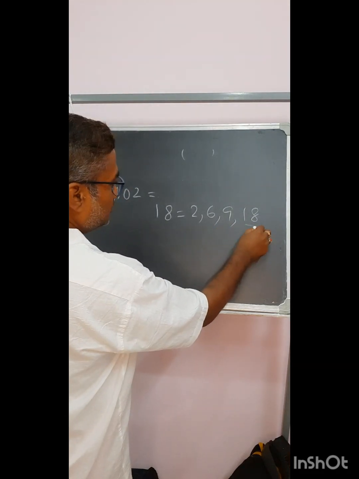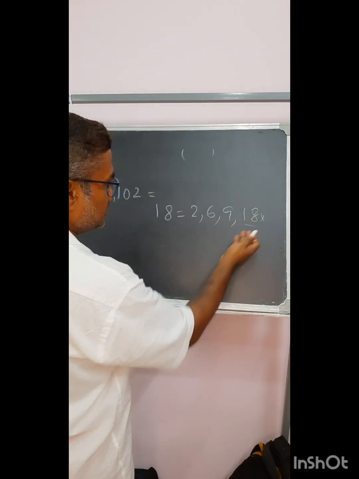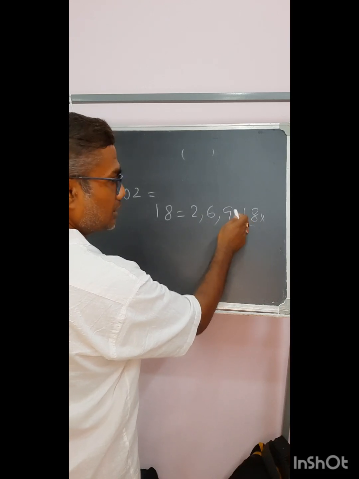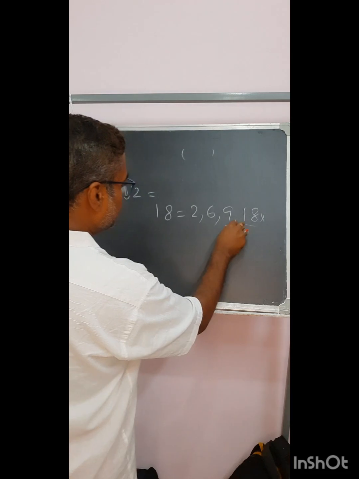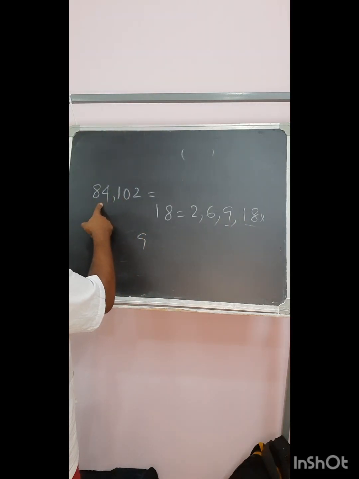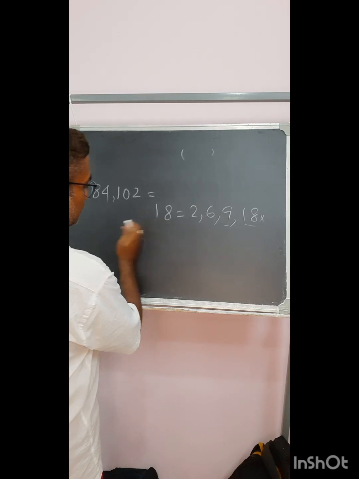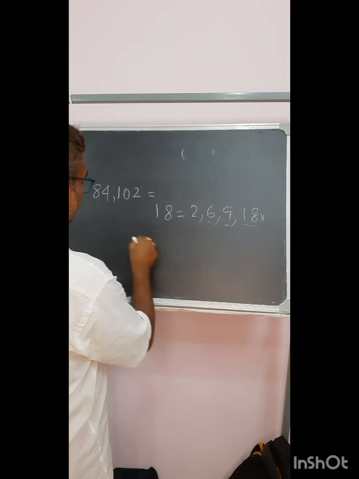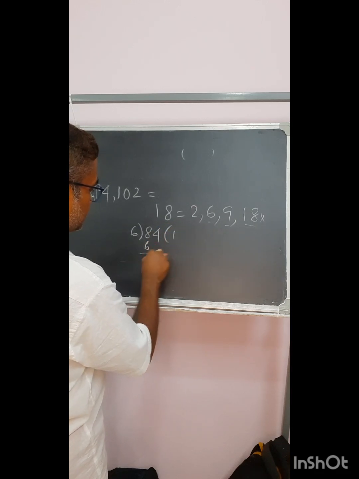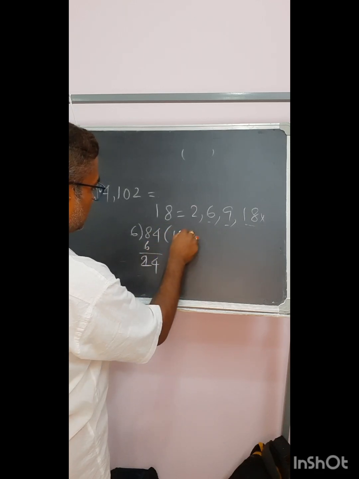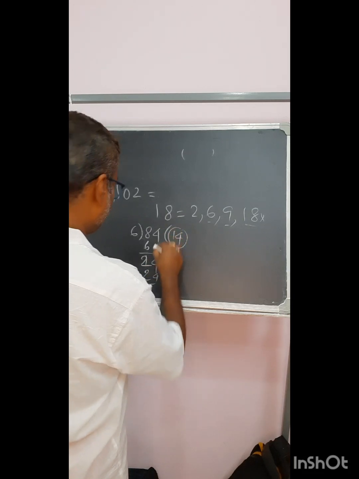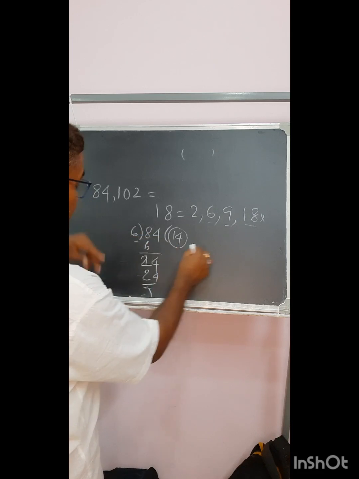Now try with these numbers. 18 is not a divisor, so I have already discarded it. Try with 9: no multiple of 9 will reach 84, so 9 could not be a solution. If I take 6, 6 times 14 is 84, so this is an integer and 6 is a perfect divisor.